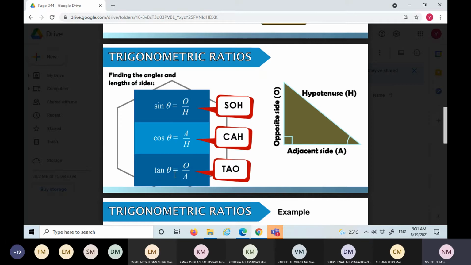Tangent theta is opposite over adjacent, OA, not AO. Here is also wrong, so many mistakes. So this is opposite side over adjacent side.